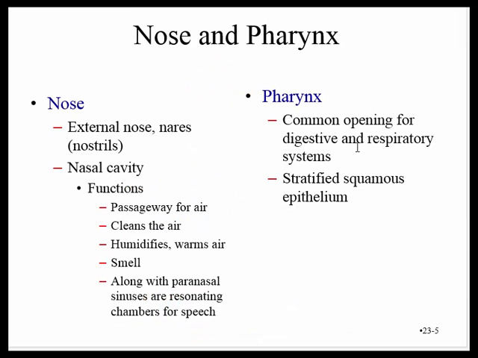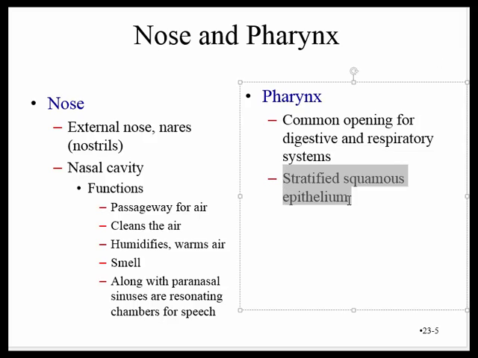Regardless, the pharynx is a common passageway for both the respiratory and digestive systems. The nasopharynx really doesn't have anything to do with the digestive system unless your uvula stops working and you get food or water back up into your nasal cavity. Not so fun. The pharynx is lined with stratified squamous epithelium.